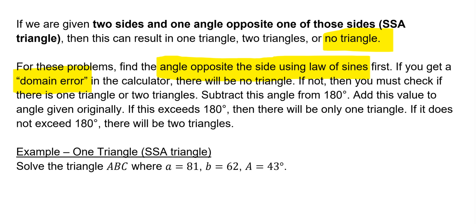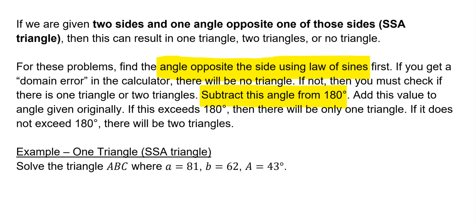So if you don't get a domain error, if you actually get an actual value here, then you have to check, is it going to be one triangle or two triangles? So you're going to take whatever angle you actually got from plugging in the calculator from step one. You're going to subtract that angle from 180 degrees.